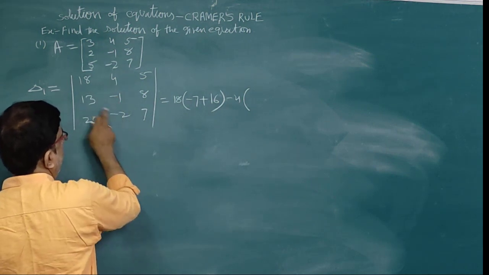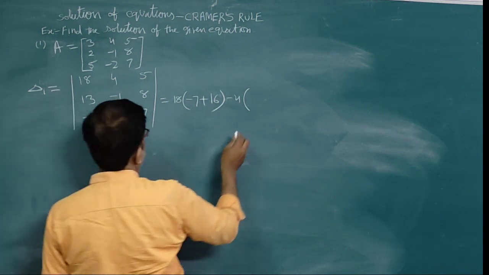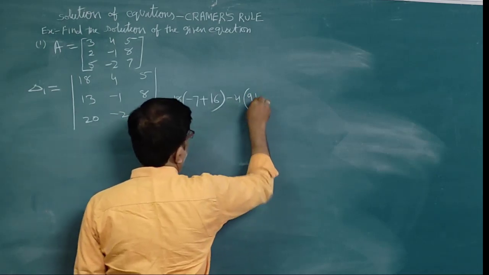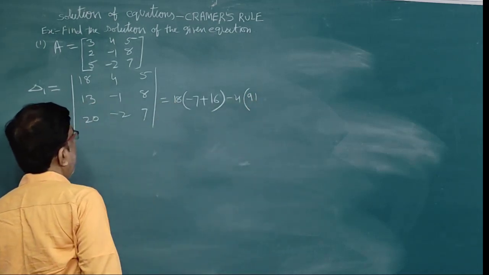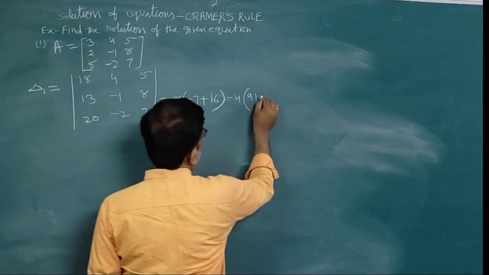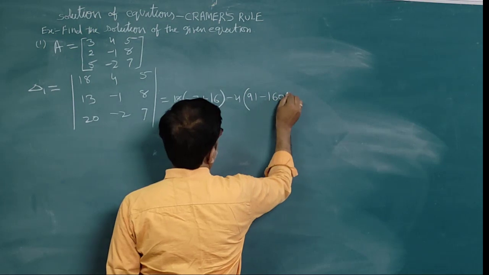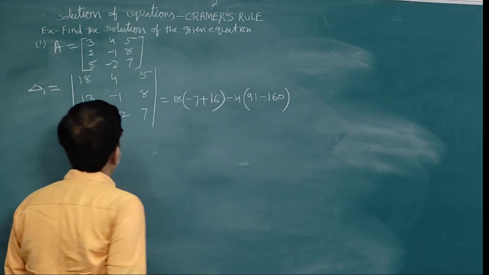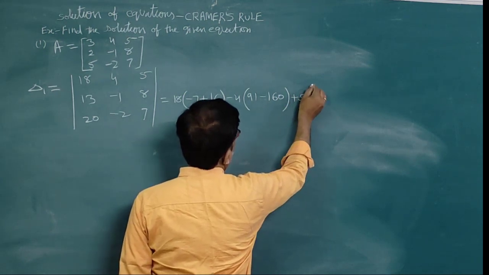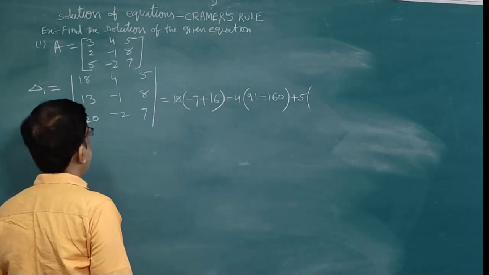Minus 4 into (13 into 7, which is 91, minus 8 into 20 is 160), right? Next is plus 5.